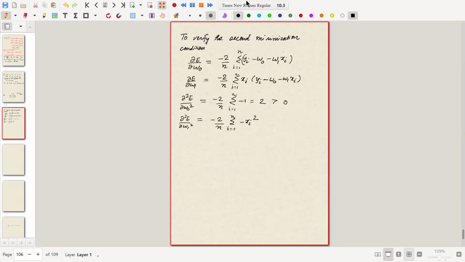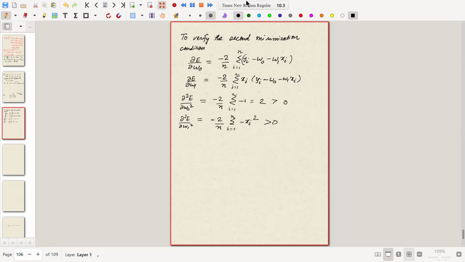Why? X squared is always a positive quantity. Squared quantity, minus minus multiplied is positive. N is always positive. This quantity is always positive. Clear? Why am I not doing this in the complicated expression?